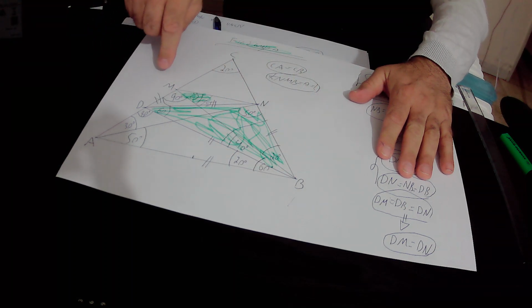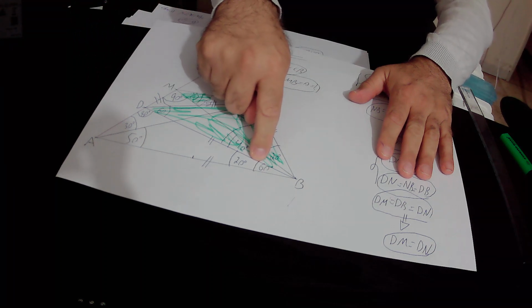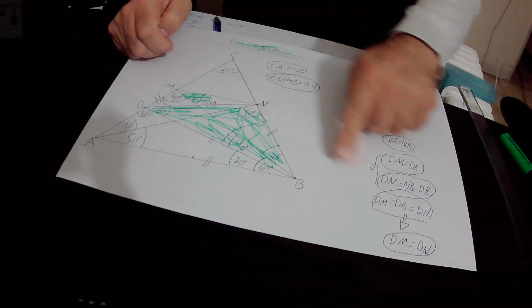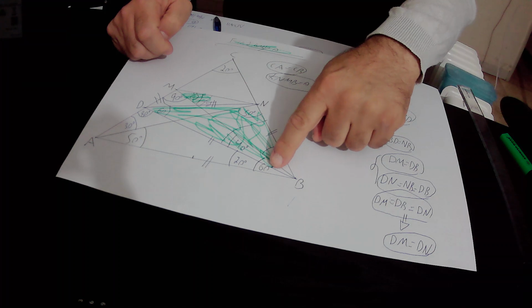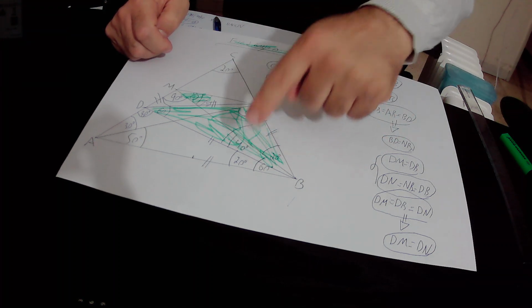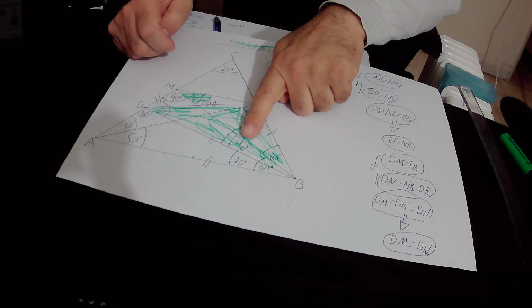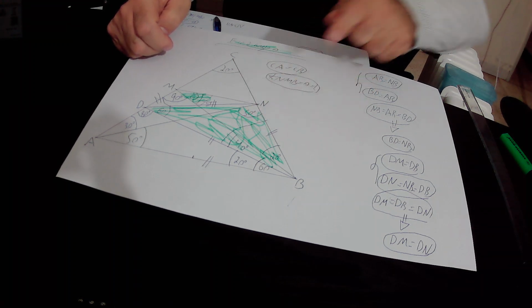The big angle, it is angle MBA, is equal to 60 degrees in its size. So the big angle MBA minus the small angle DBA, which is equal to 20 degrees, must be equal to the missing angle MBD.